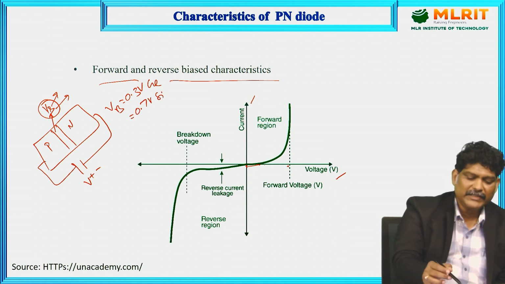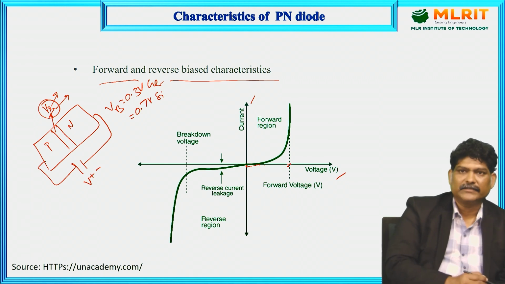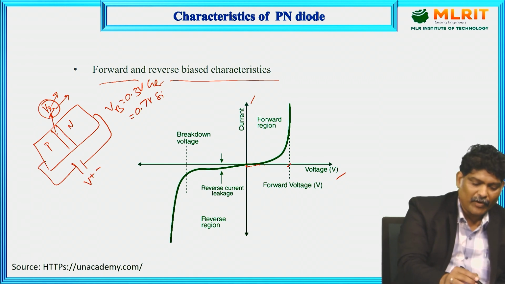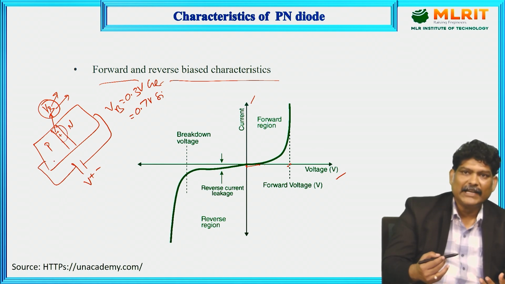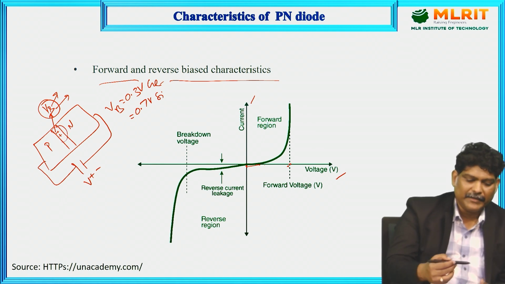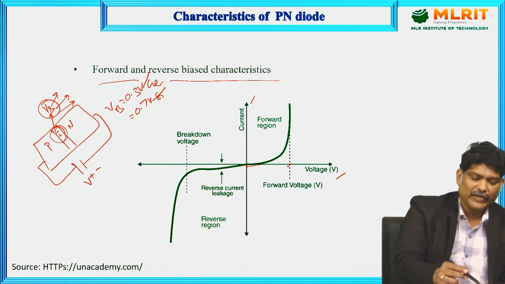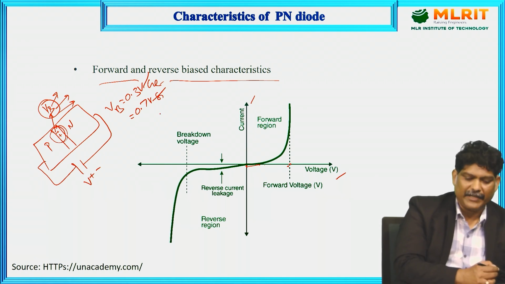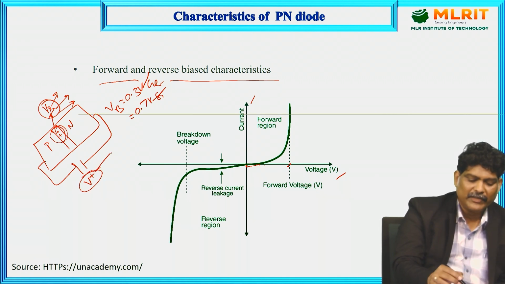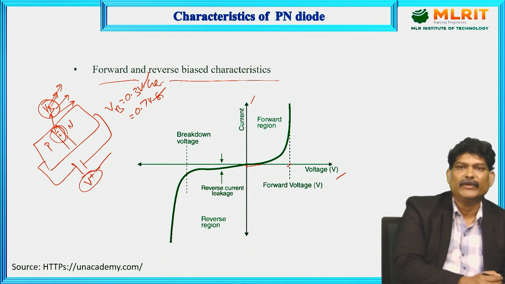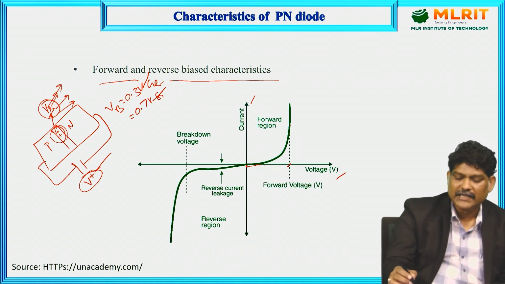This is nothing but the cut-in voltage. The electrons and holes have to recombine with the immobile ions, and that requires some more energy and some voltage. That voltage is the cut-in voltage, so the applied voltage must exceed VB, and only then does current start conducting.